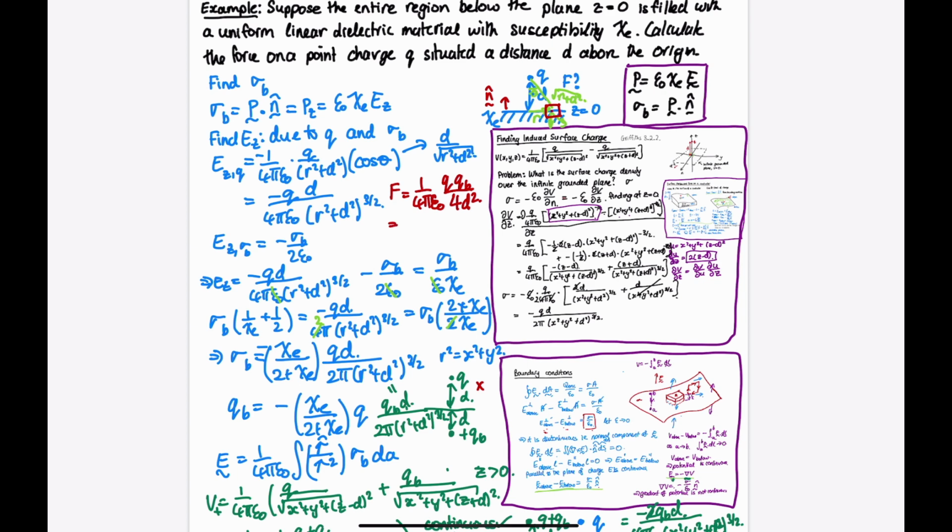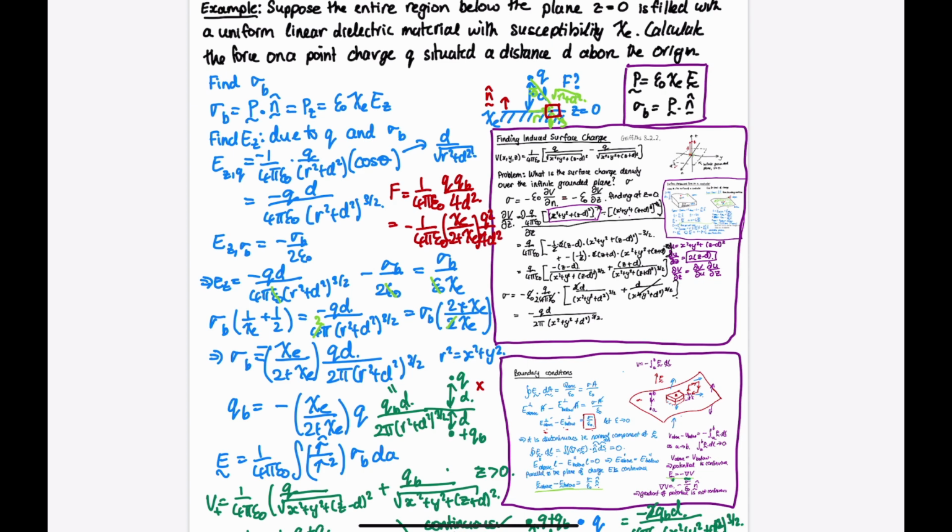We will substitute in that Q_B just for the final step. So this is equal to minus 1 over 4 pi epsilon naught. That minus is this minus here, times the susceptibility over 2 plus the susceptibility, times Q squared over 4d squared.